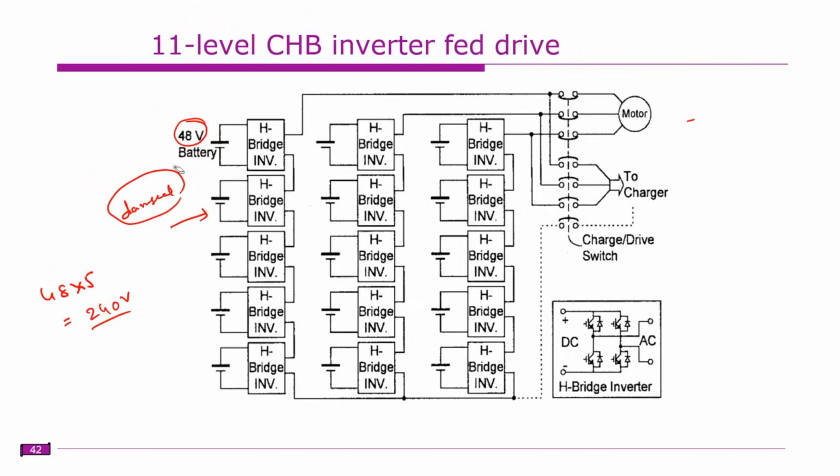So if everything is healthy, it is producing 240 volts, and this is also producing 240 volts peak voltage.